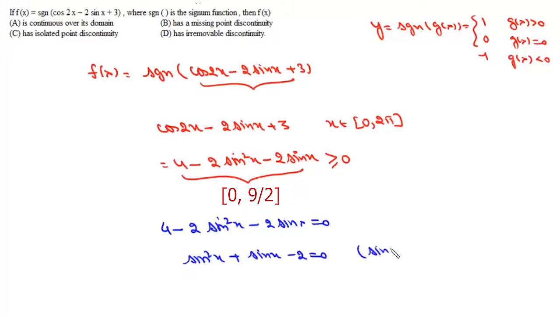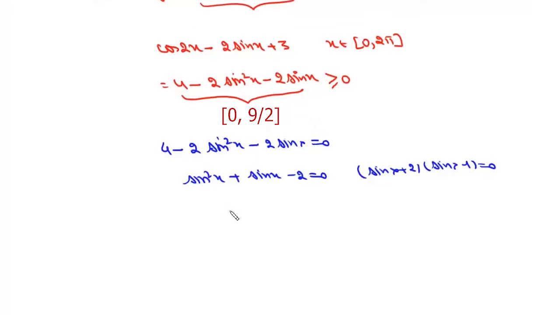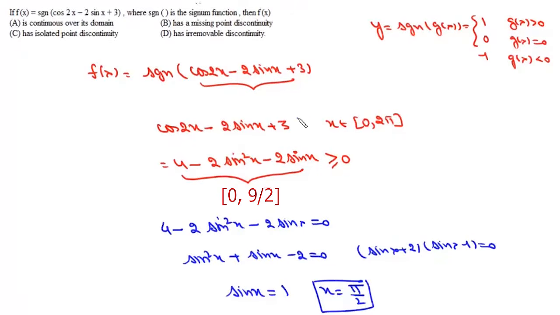Now we factorize this, we can write this as (sin x plus 2) into (sin x minus 1) equals 0. That is, the value of sin x is 1. It is possible if x is pi by 2. So that means this cos 2x minus 2 sin x plus 3 is 0 when x is pi by 2, and it is greater than 0 if x lies between 0 to 2 pi except pi by 2.